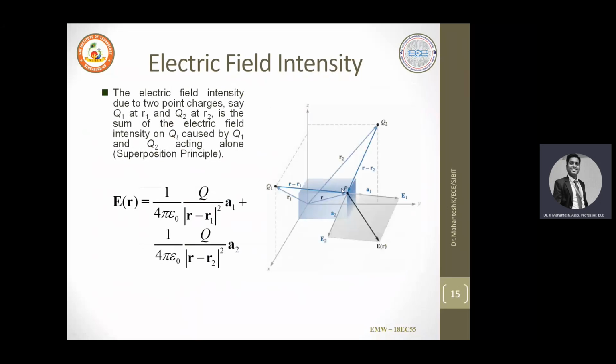Suppose we want to measure the total electric field intensity at this point P due to Q1 and Q2. It is a simple summation of the impact of both charges, so it should be the sum of electric fields E1 due to Q1 and E2 due to Q2 in the directions a1 and a2.